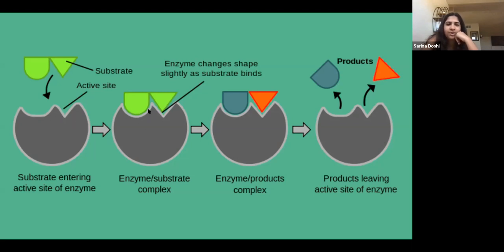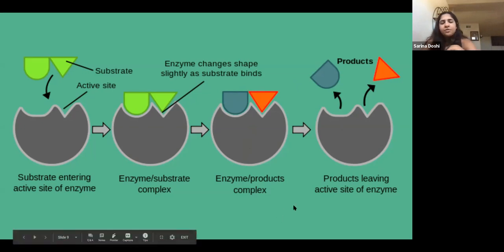So now it becomes more curved and this is a lot sharper. So there'll be an induced change, and then the enzyme will alter the products, and then they'll split. So they enter together, and then they're leaving as two different substances.